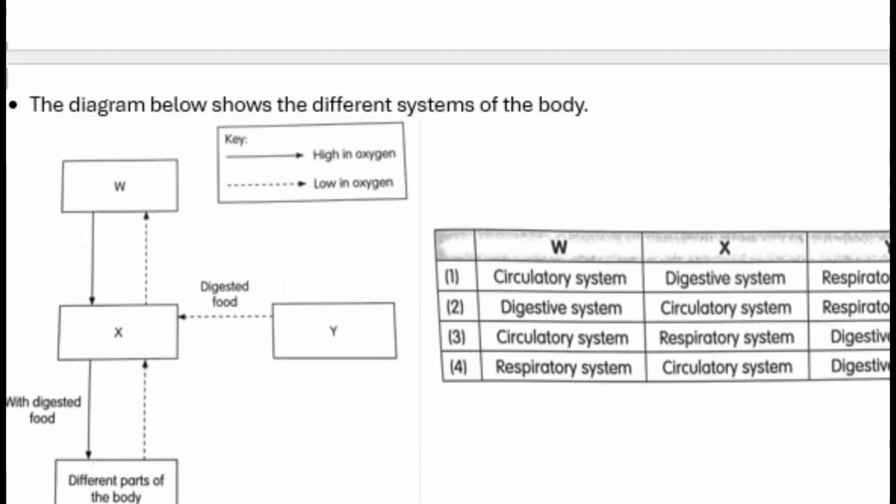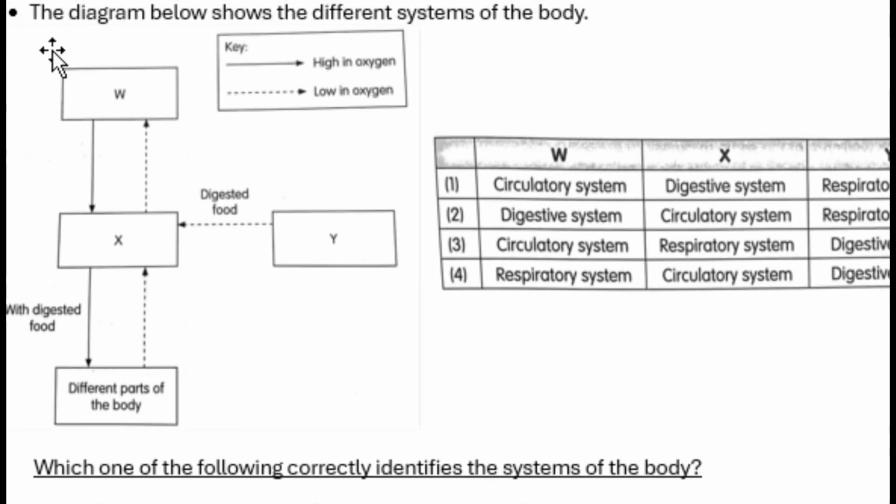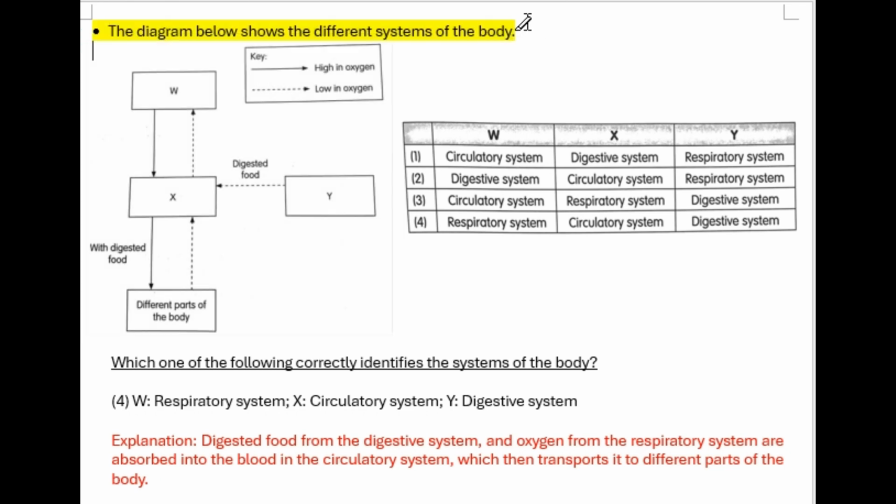The diagram below shows the different systems of the body. Which one of the following correctly identifies the systems of the body? 4. W. Respiratory system. X. Circulatory system.